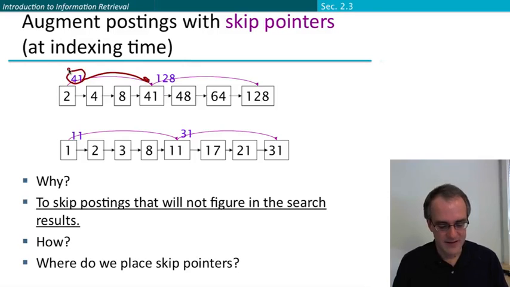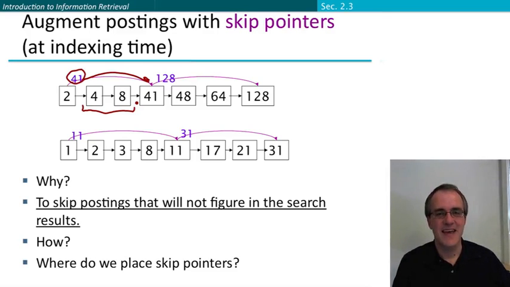Those bits in purple and blue up the top are skip pointers. The idea is that, in certain circumstances, we'll be able to work out that certain documents couldn't possibly appear in the results listings, and then we'll know that we can just skip right past them, and therefore spend less time walking down the postings lists.